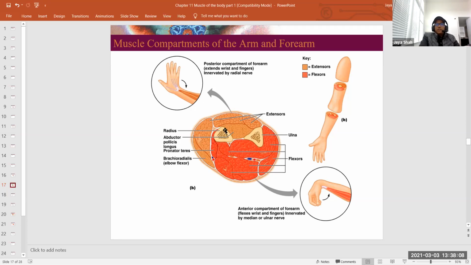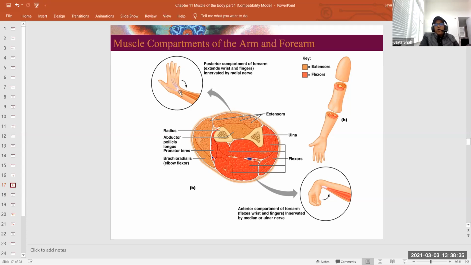So this is the posterior compartment, and maroon is the anterior compartment. So this posterior compartment muscle from your forearm is crossing all the way to your fingers and your palm.